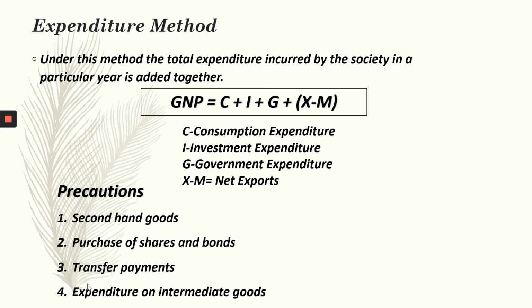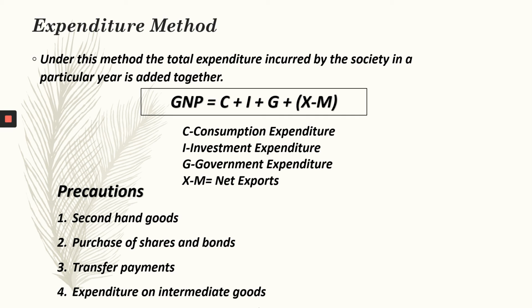If you take the expenditure made on the intermediate goods, then it becomes double counting. You calculate the good at the initial stage, then at the final stage, if you add like that, it becomes a double counting problem. So you have to add only the expenditure made at the final stage. So expenditure on intermediate goods cannot be added in the national income.